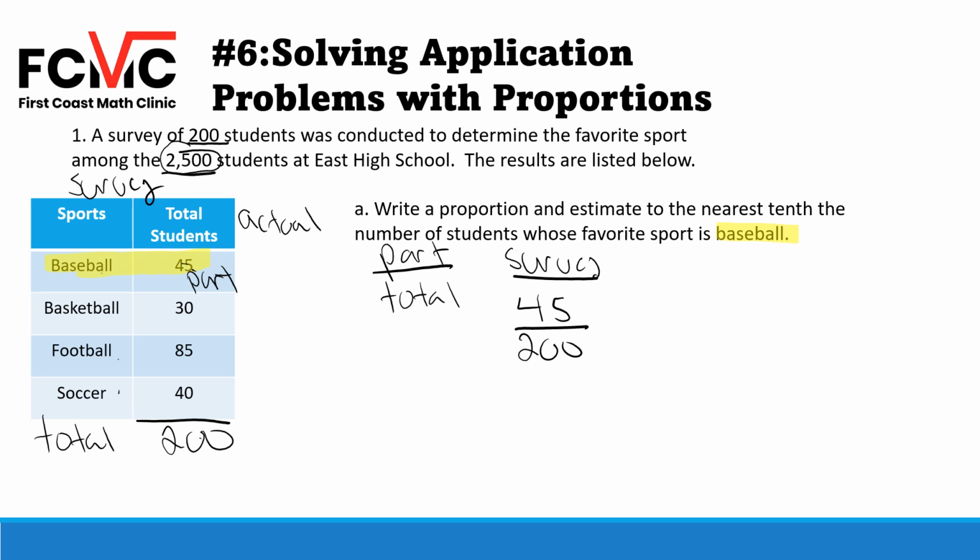Now we need another ratio for our actual data. Well, how many actual people do we have in the school? We have an actual number of 2,500. So that's going to be our total.